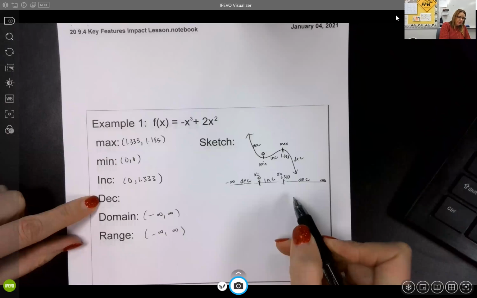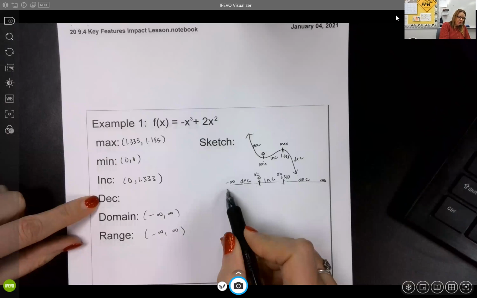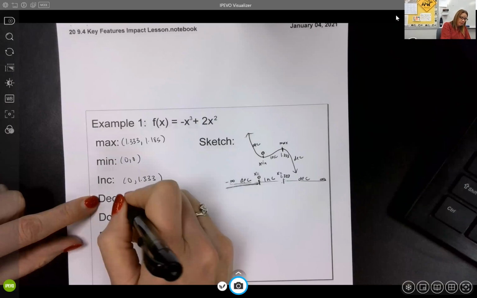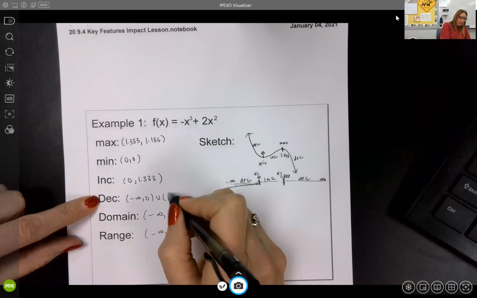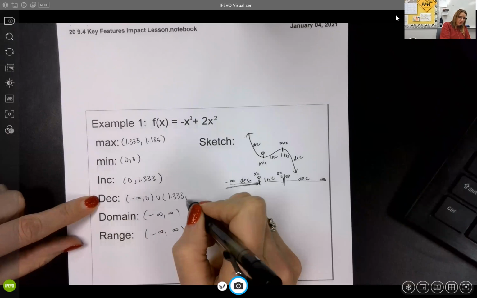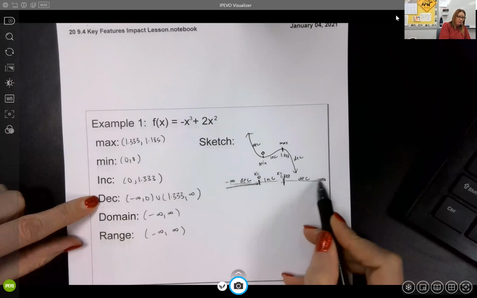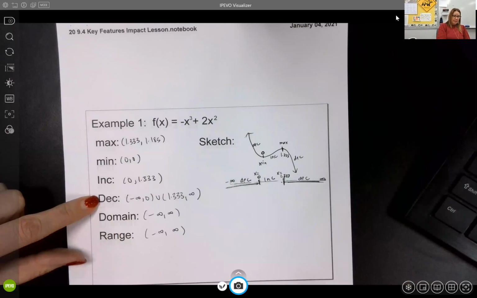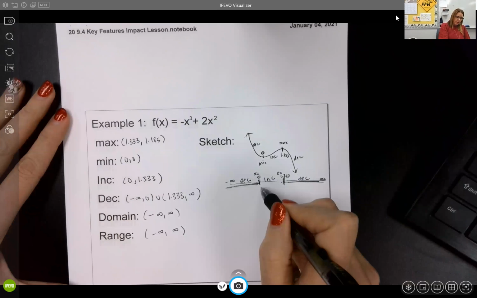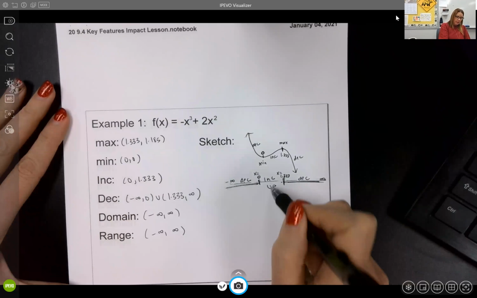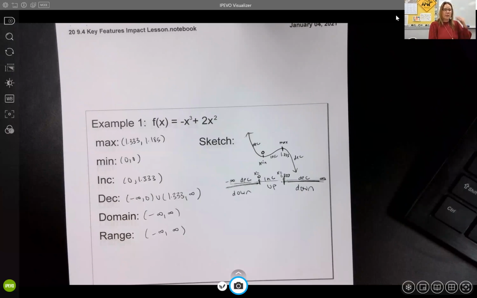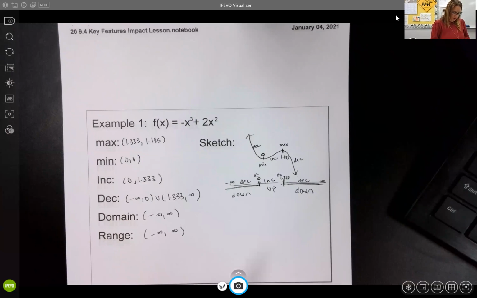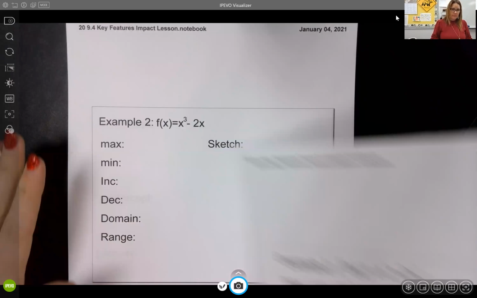And then decreasing will be these two sections: from negative infinity to 0, and from 1.333 to infinity right here. So we're stating these intervals. It's going up here, it's going down here, it's going down here. Think about if you're riding on a sled. Okay, we have one more example for that.